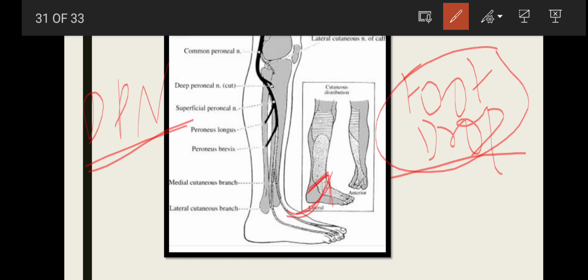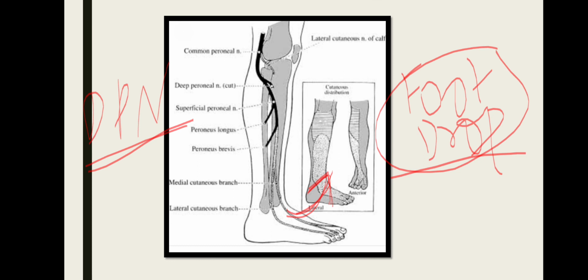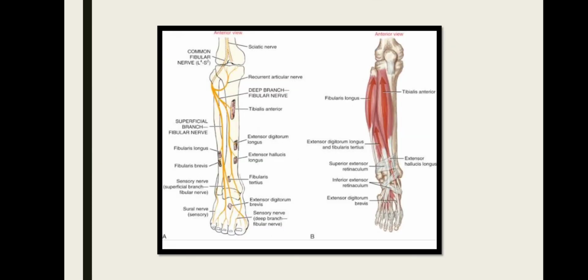So foot drop happens because of a problem or injury to the deep peroneal nerve, because this nerve supplies the anterior compartment muscles, and these muscles help in dorsiflexion. Very important.